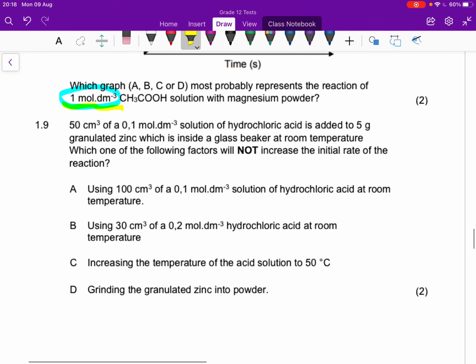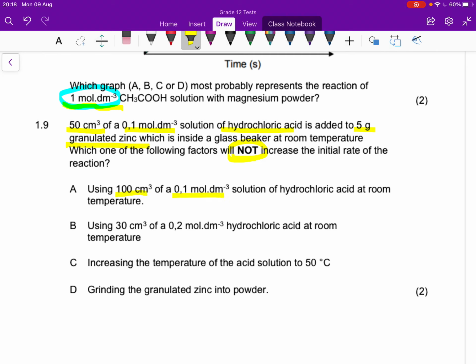Okay? Then, 50 centimeters cubed of a 0.1 mole per decimeter cubed solution of hydrochloric acid is added to 5 grams of granulated zinc, which is inside a glass beaker at room temperature. Which of the following factors will not increase the initial rate? So, let's see what we've got. 100 centimeters cubed of 0.1.